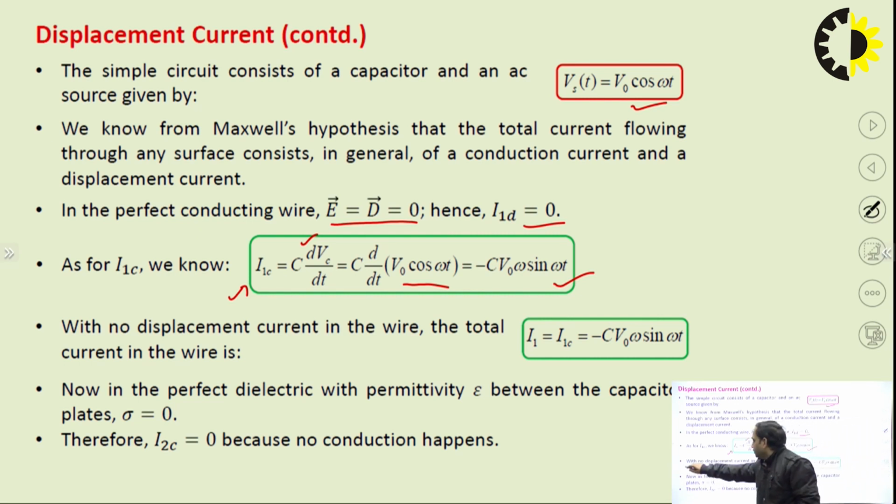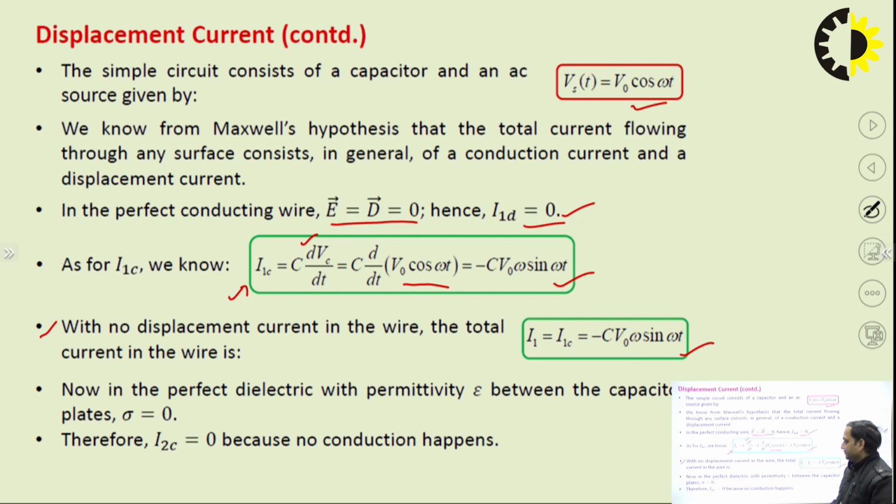With no displacement current in the wire, the total current in the wire is I equal to IC, because we are considering the perfect conducting case, in which the displacement current is 0. Then only the conduction current will be present, so I is equal to IC, and that expression is minus C V0 omega sin omega t.